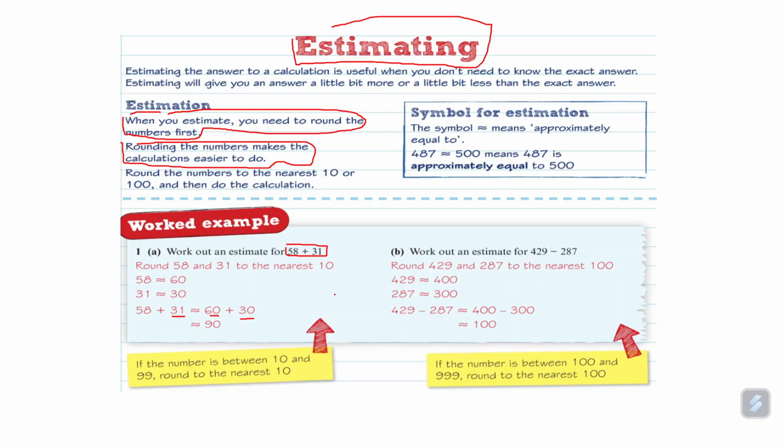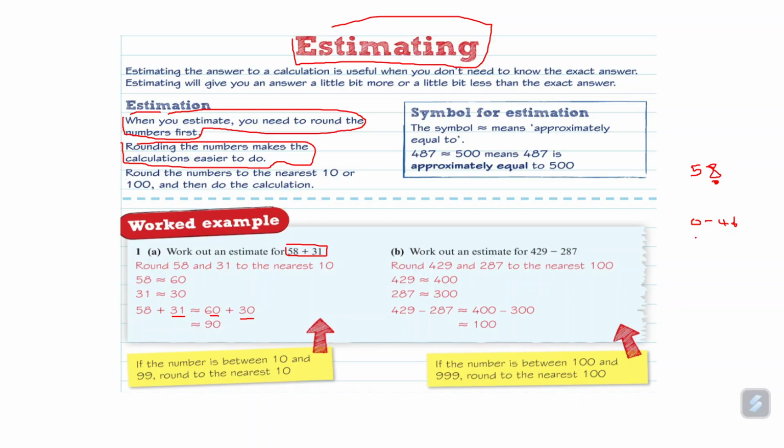Now the question is, what are the rules governing rounding to the nearest 10? Let's take for instance, if you are rounding 58 to the nearest 10, the rule says you need to look at the last digit. If the last digit is between 0 to 4, you round down.